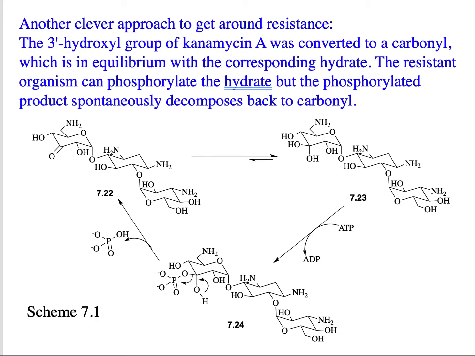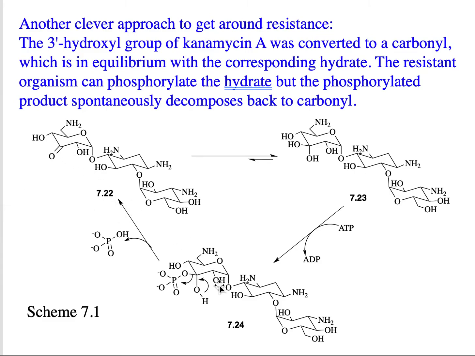So another clever approach to get around the resistance was that the bacteria are modifying these drugs, and what they did was they made it so the bacteria couldn't modify the drugs.